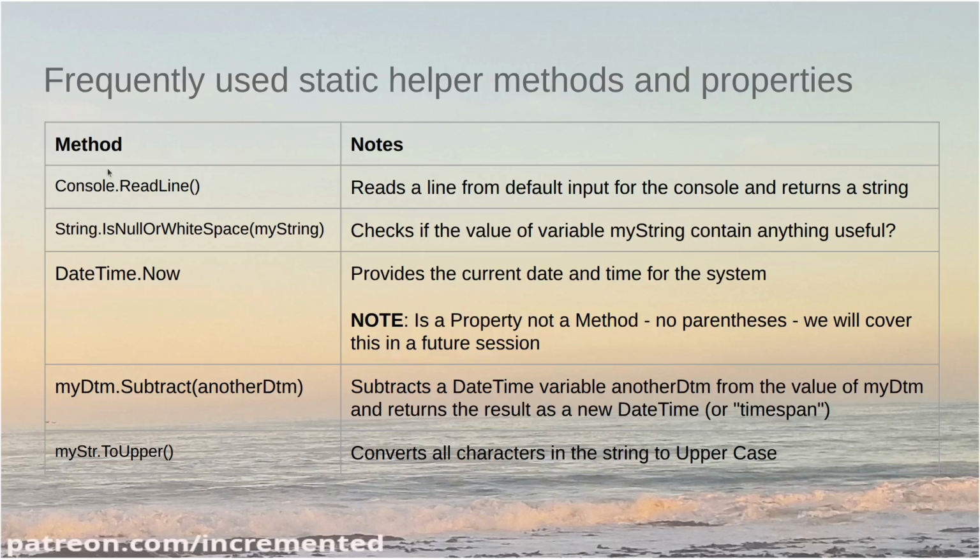So these three top methods here, and this is a property, not a method, which we'll get to in the object orientation session, but in contrast, down here, some variable types that are of type string and of DateTime have additional helper methods specifically for that instance of the variable, and we'll see examples of this in a later section.